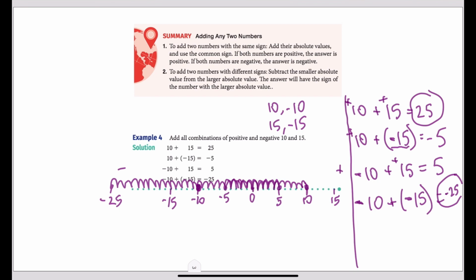So in this example here, 15 is a larger absolute value number, right? So the negative 15 means you owe more money than you have because it has a larger absolute value, and so you're going to have some debt remaining. And so if you start with a larger absolute value that started as a negative, then your result will be negative because you won't have enough money to pay off your debt.